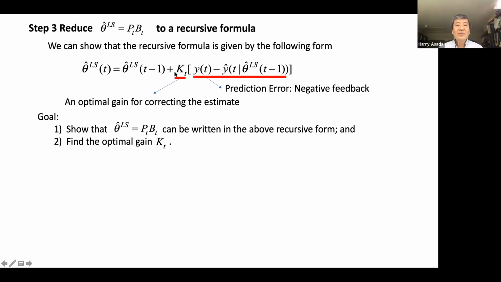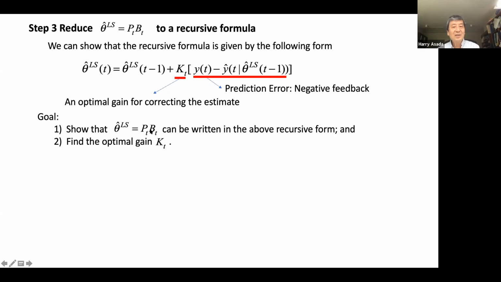And we'd like to find the optimal gain that guarantees that the theta LST obtained in this way is exactly the same as the correct optimal value, okay? So we have two goals: to show that this one is given by this.